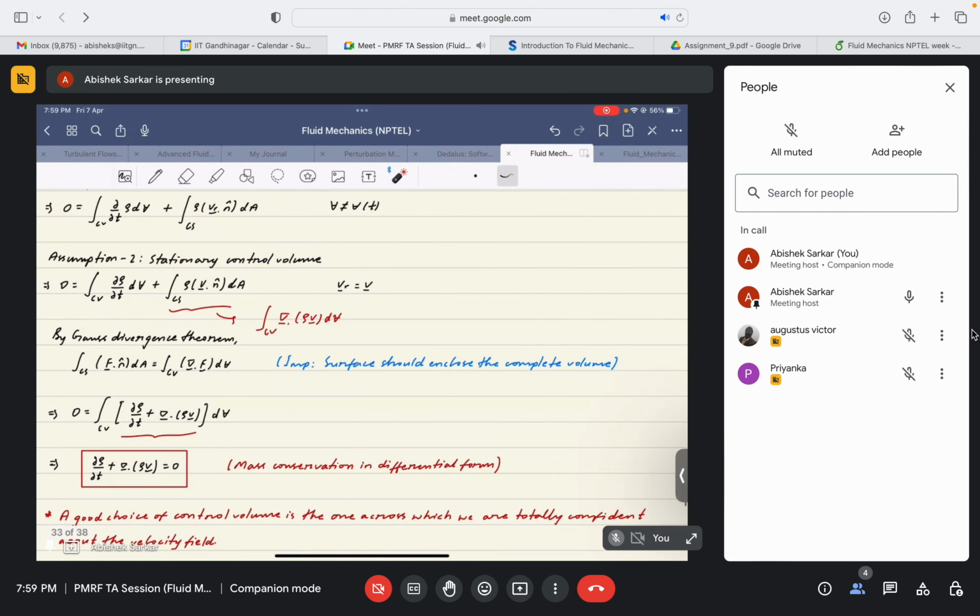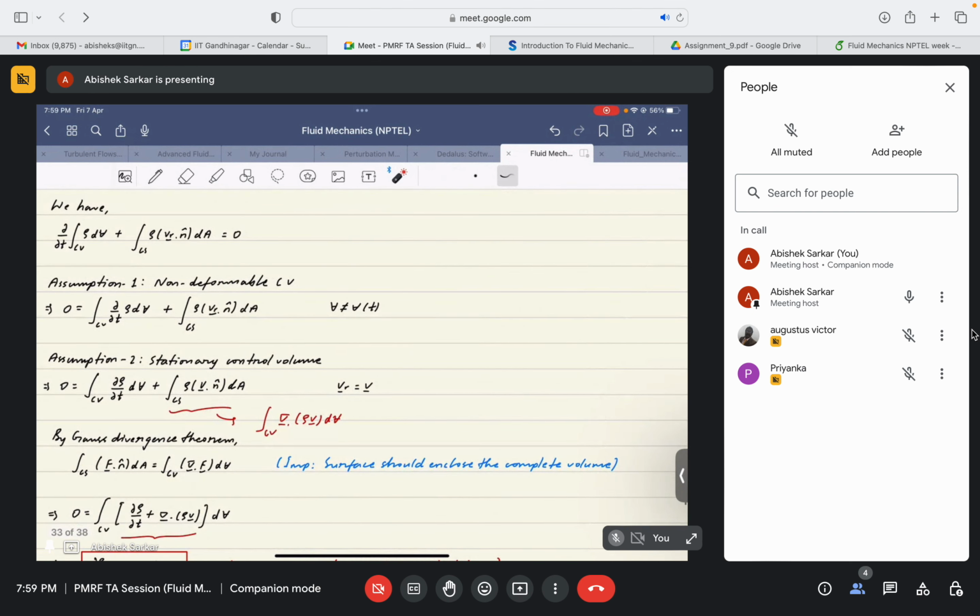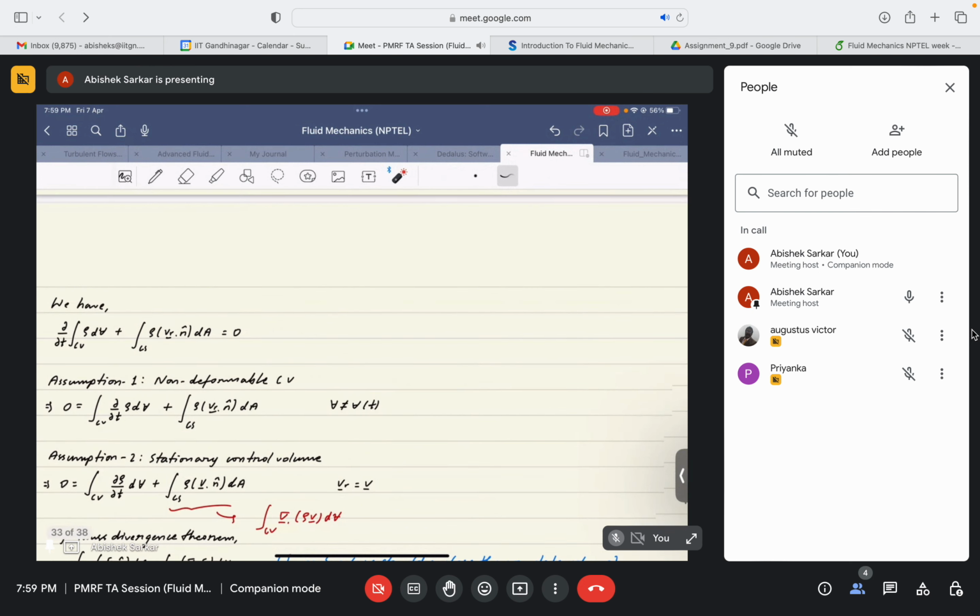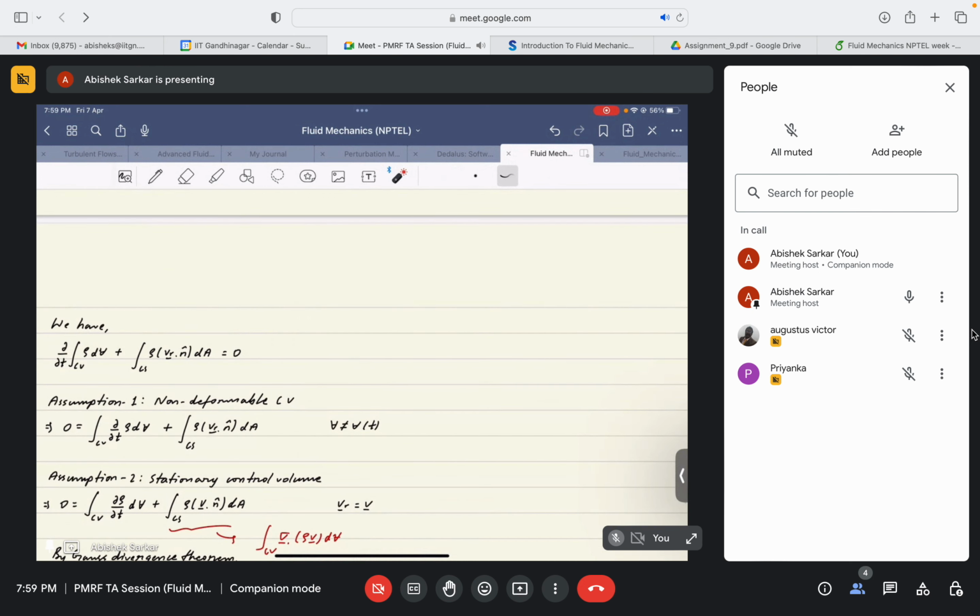And again, if you look into this form, the most general form, say we take an assumption of steady flow, and rho is constant. These are two assumptions I have taken. Then the first term will go out, right? The first term will be equal to 0. Is it clear?